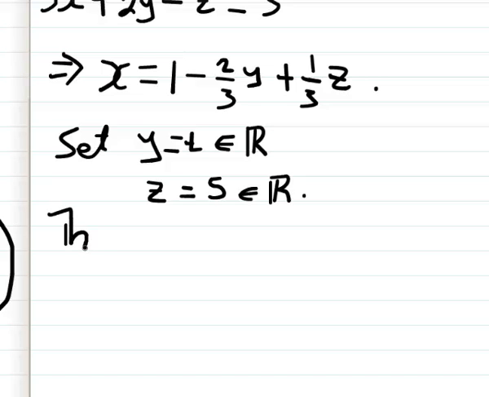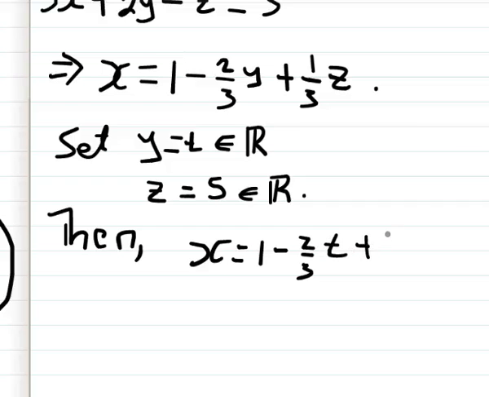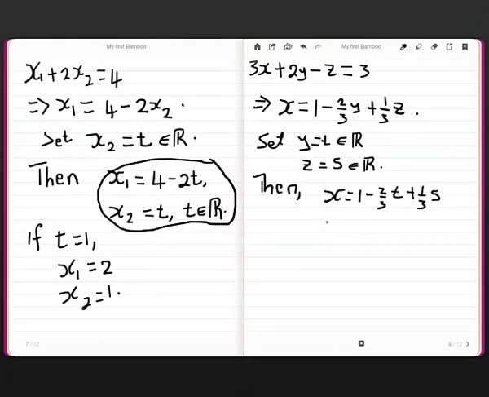Then we have the parametric representation of the solution set, which would be x equals 1 minus 2/3 t plus 1/3 s, and y equals t, and z equals s, with emphasis that t and s must be real numbers.